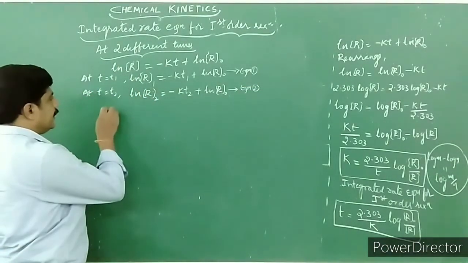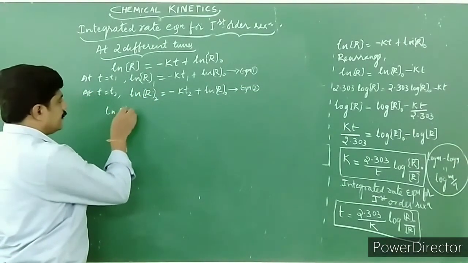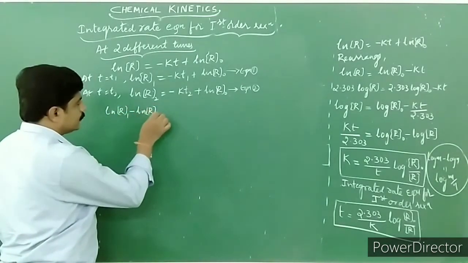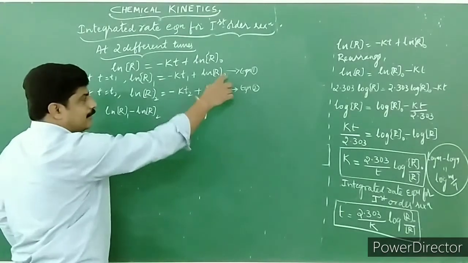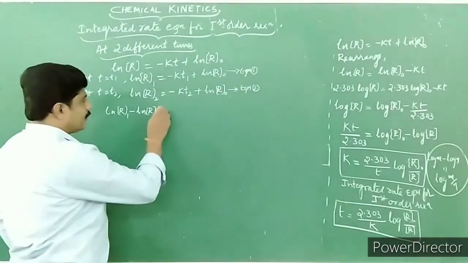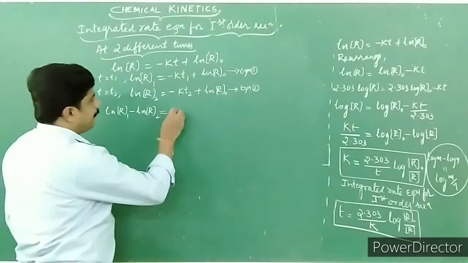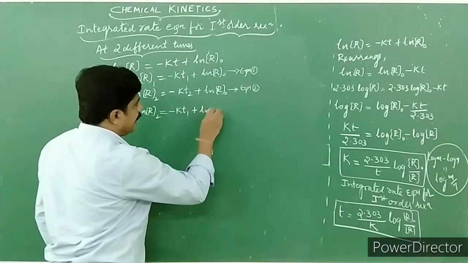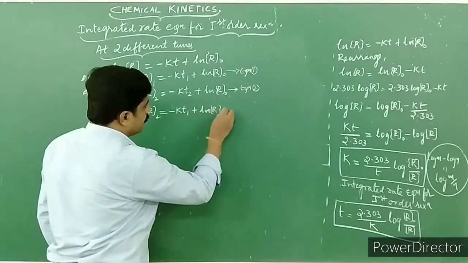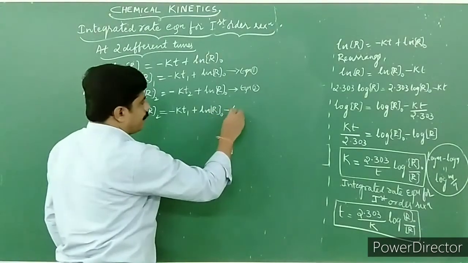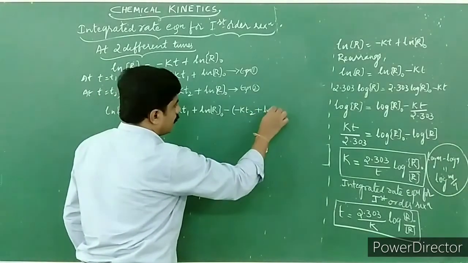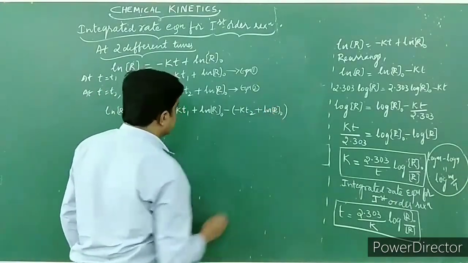Now what do I do? Look at here, ln R1 minus ln R2, equation 1 minus equation 2. Is it not? Look at here, minus kt1 plus ln R0 minus, minus kt2 plus ln R0. Is it not?